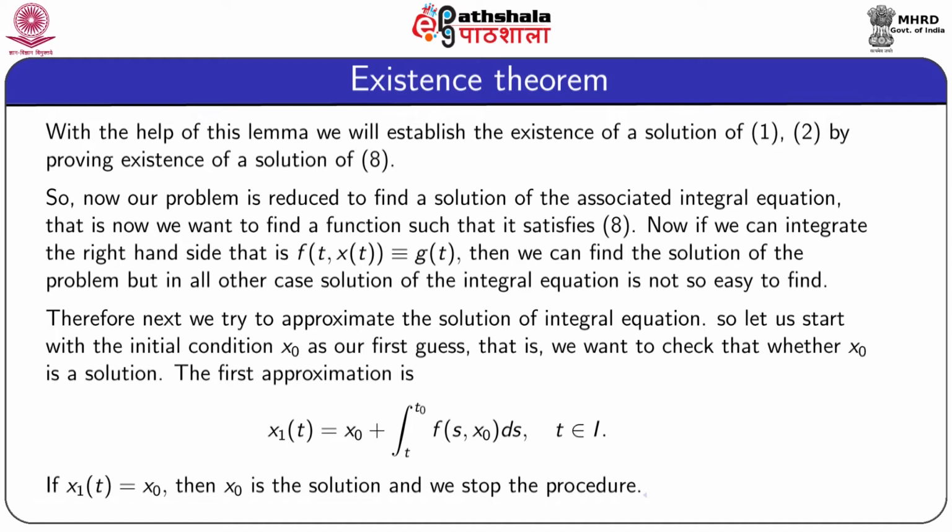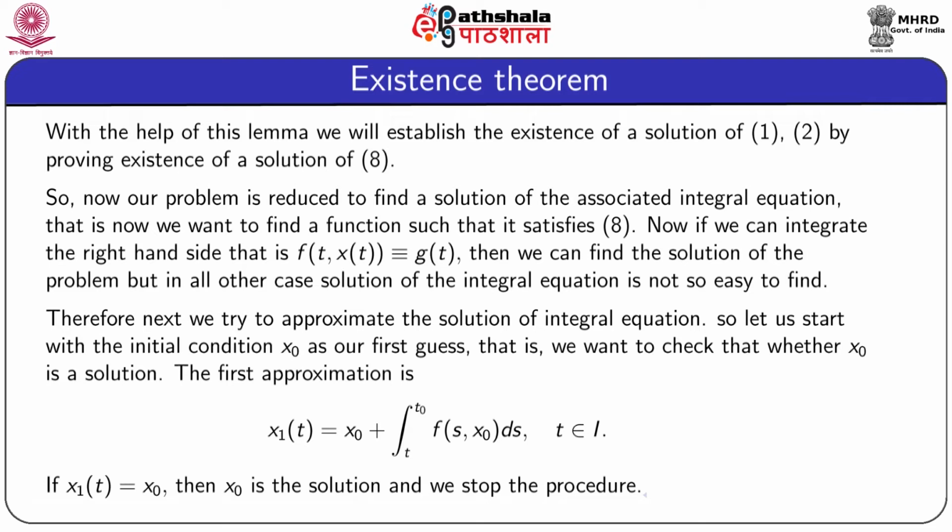Now, if we can integrate the right hand side, that is, f t, x is equal to g t, then we can find the solution of the problem, but in all other cases the solution of the integral equation is not so easy to find. Therefore, next we try to approximate the solution of the integral equation.